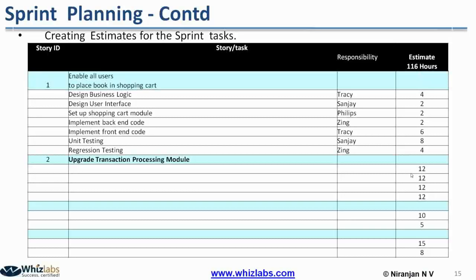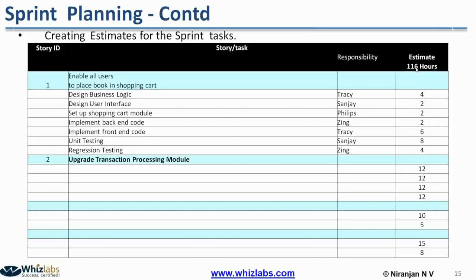So the team can now pull the next product backlog item in the order of priority, and start identifying the tasks, responsibilities and estimates. Let us say this second product backlog item, upgrade transaction processing module, takes 48 hours. So 48 plus 28 is 76 hours.